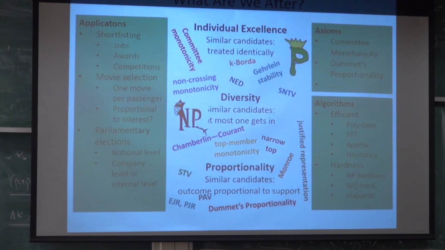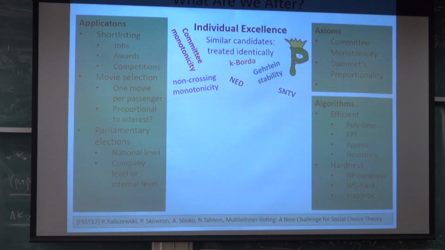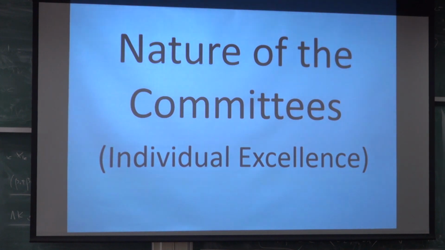There are lots of rules, lots of properties, and lots of various things that appear here, and we'll try to explain all the ideas that are on this slide. Okay, so our first goal is individual excellence. We will have 3 sections of this kind: nature of the committees. This is the first one. Actually, there will be some interlude in the middle, but that'll come.